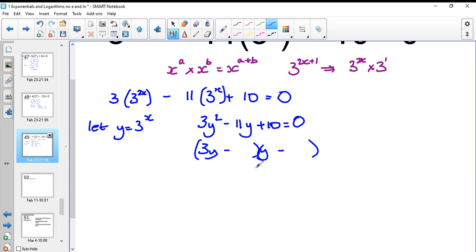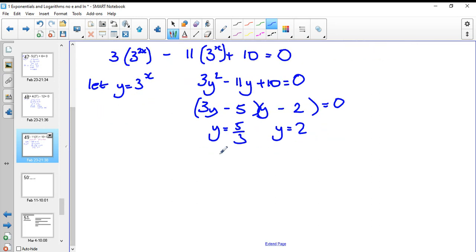And then we just need to be careful that this adds up to minus 11. So for that to happen, we need to have a 2 there. That's going to give me minus 6y minus 5y. So minus 6y minus 5y is minus 11y, and those two give 10. So y is going to be 5/3, or y equals 2.